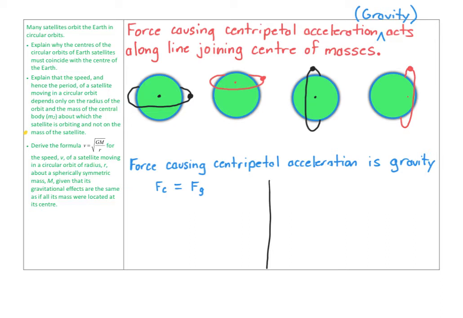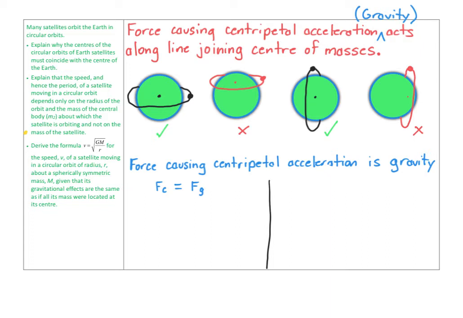So that one gets a tick, that one gets a tick. They're both possible. The others are not possible, because the centre of the orbit doesn't coincide with the centre of the force, and therefore gravity can't provide the force for that centripetal acceleration as it acts along a line joining the centres.